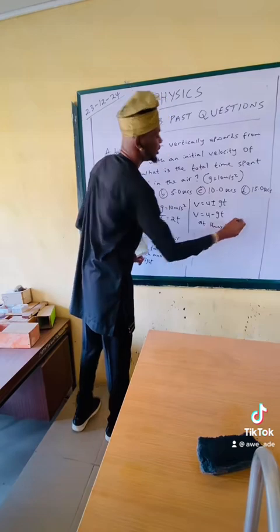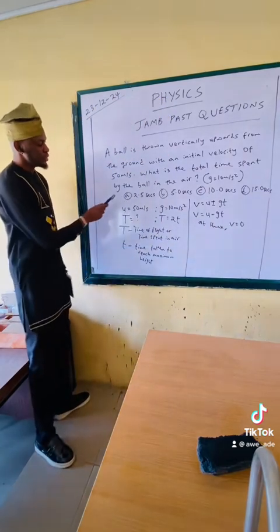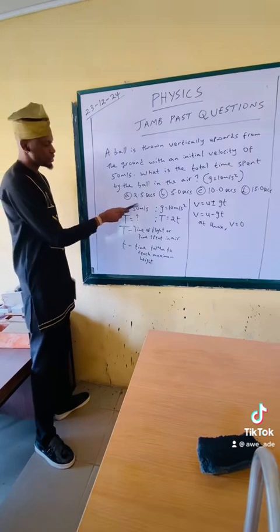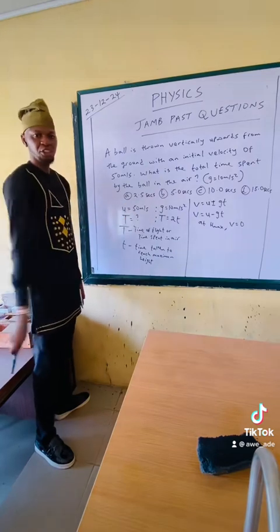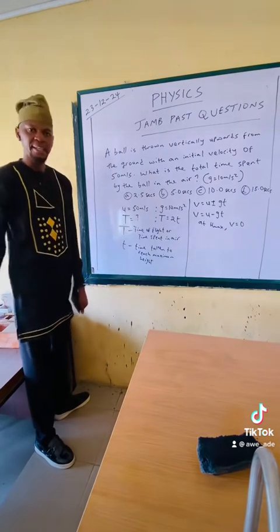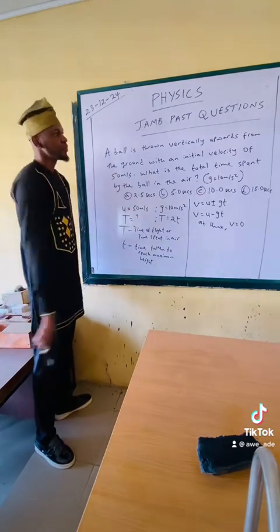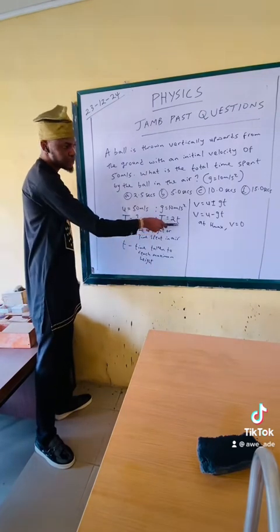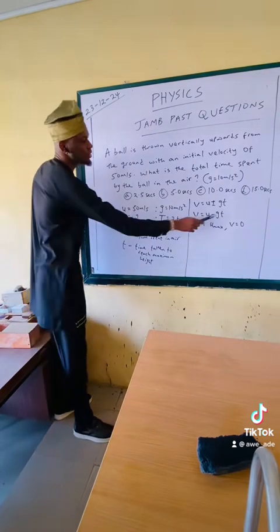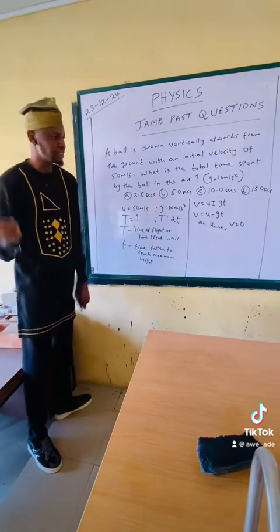final velocity is 0. Don't forget, I've told you that u, initial velocity, is 50 meters per second. We are given acceleration due to gravity, g, which is 10 meters per second square. Then I've told you that the time spent in air is 2 times the time taken to reach maximum height. And we are using this equation to find the time taken to reach maximum height.